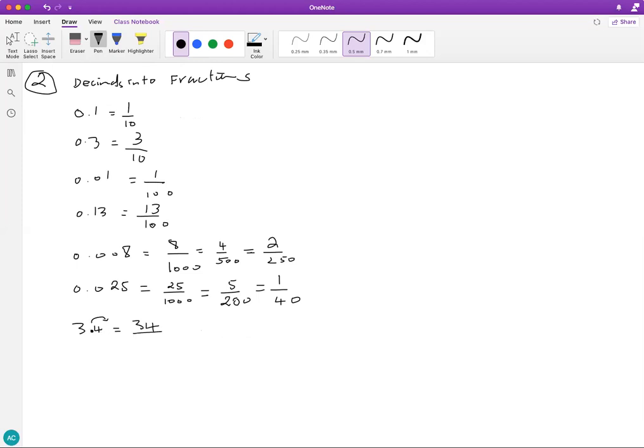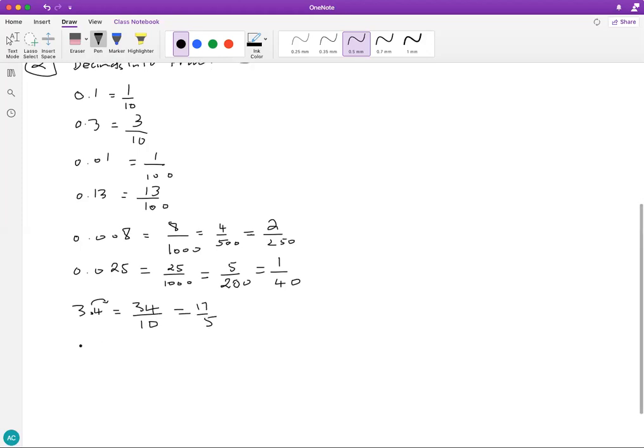And since we moved the decimal only once, we're going to put this over 10. So 3.4 is the same as 34 over 10. Simply get rid of the decimal. If you move it once, you put it over 10. If you move the decimal twice, you put it over 100 and so on. And then you can also try to reduce this. This is 17 over 5.